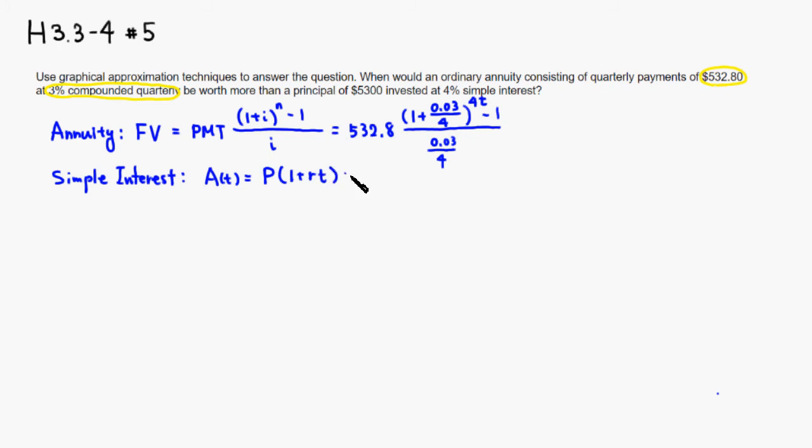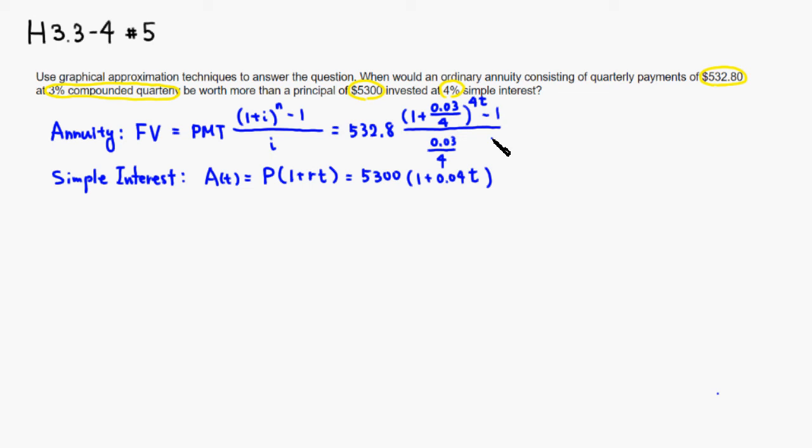The principal is 5,300, which shows up right here. Then you have 1 plus, and r shows up right here. It's 4%, so it's simply 0.04. Then we don't know t yet, so it's t. So this is the simple interest.